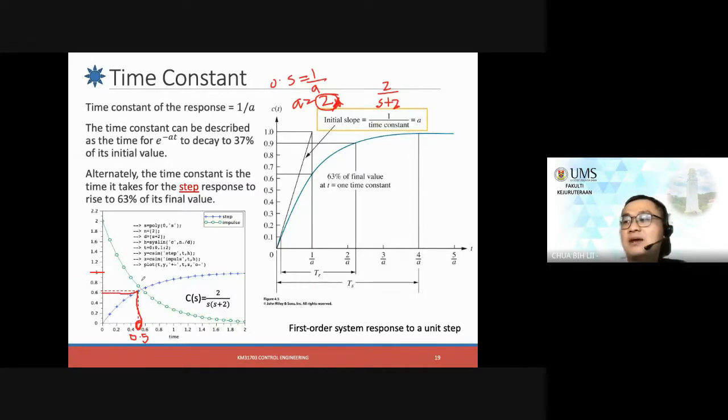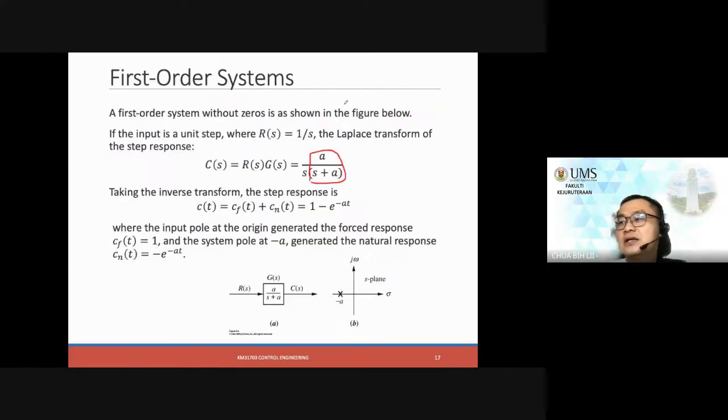Why I would say it's important to characterize a system to get this time constant is that many times we may not be able to form all these equations mathematically through theory.